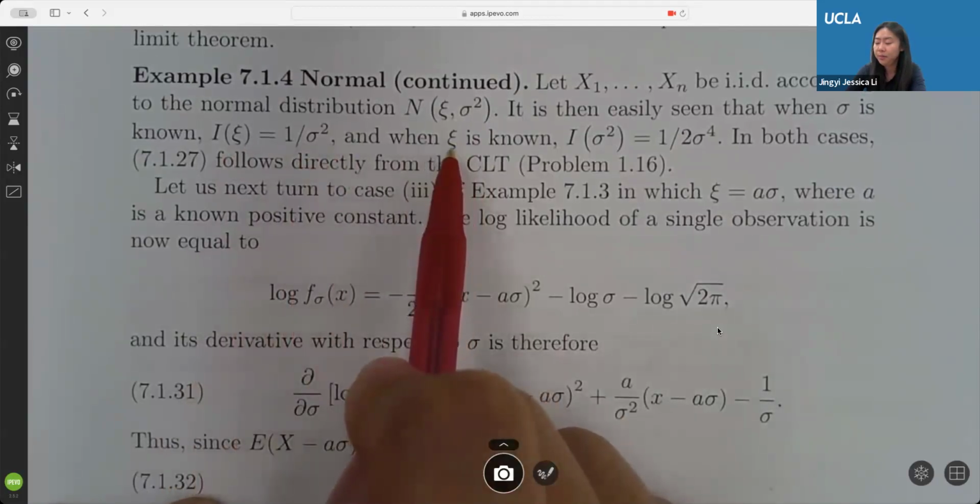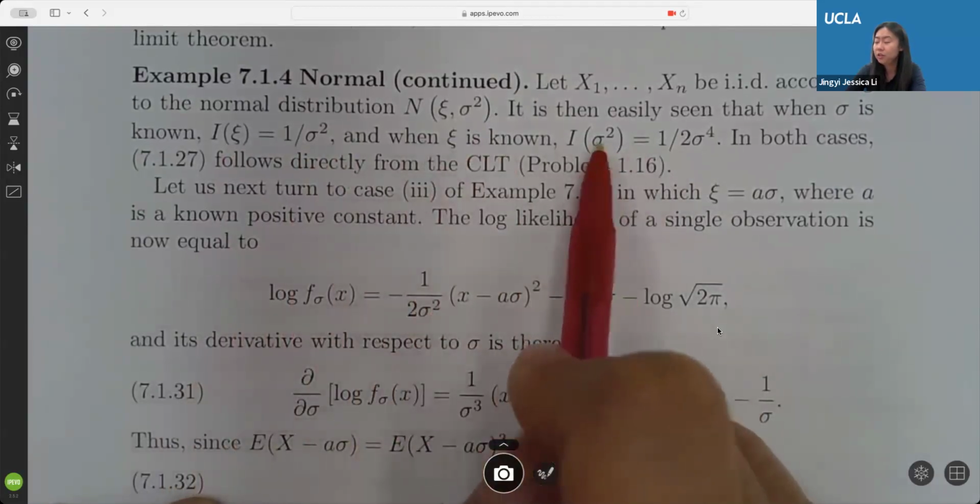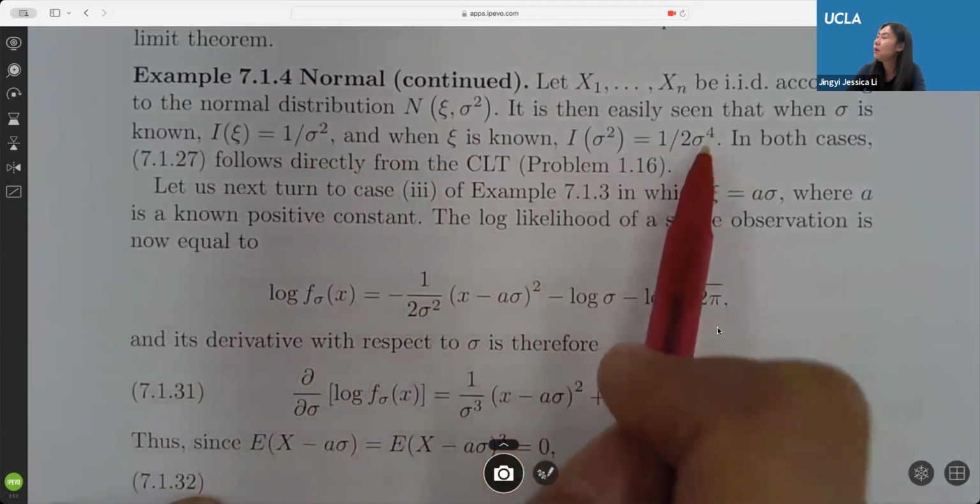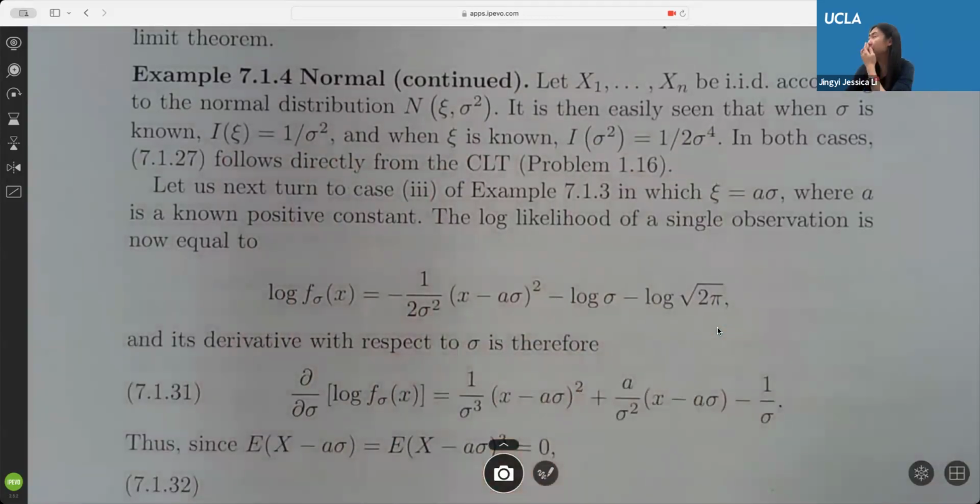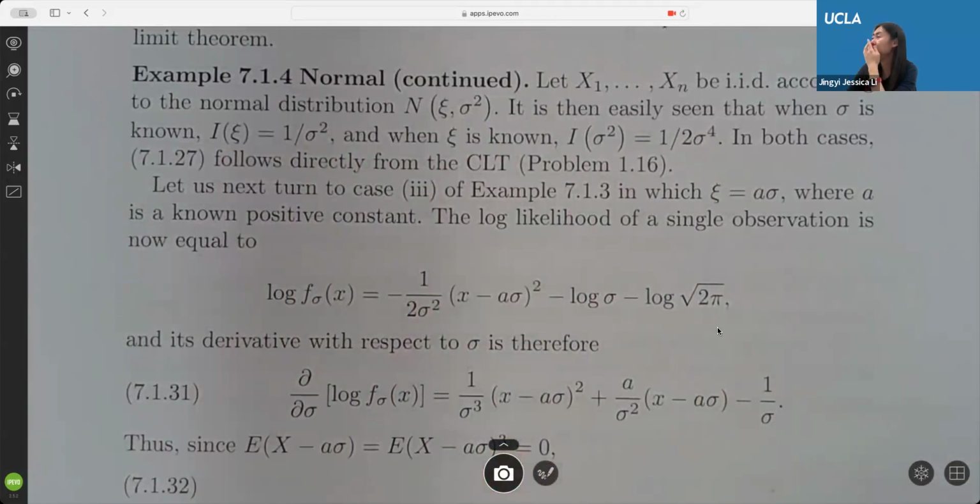When we fix the mean, we can have the Fisher information of sigma, which doesn't depend on the mean. That's very important. It means that if you're trying to estimate the variance, the information has nothing to do with the mean. And this is something very important for the normal, because you can shift your mean, right? And it has the same variance. So that means estimating the variance has nothing to do with the mean.